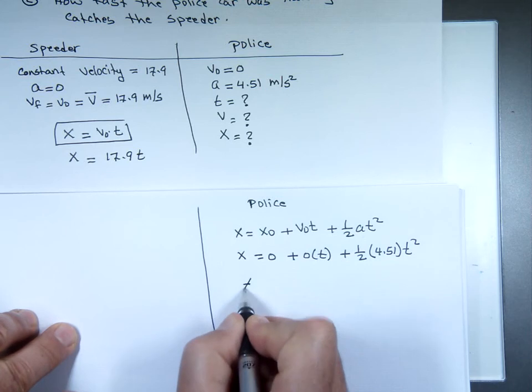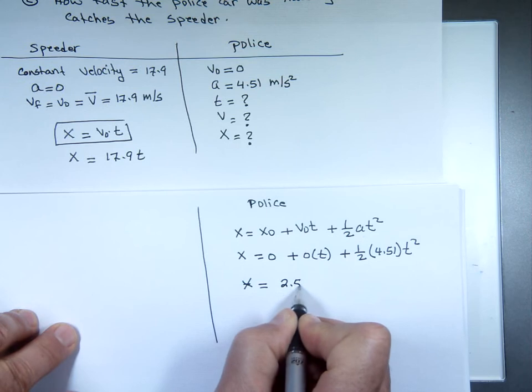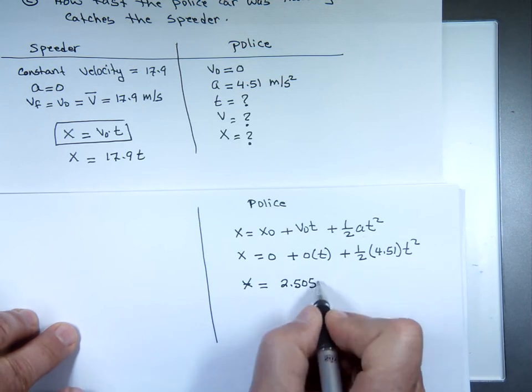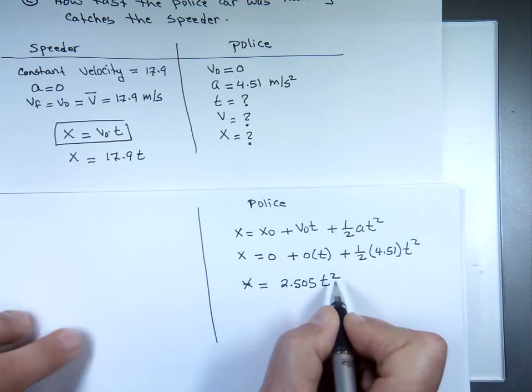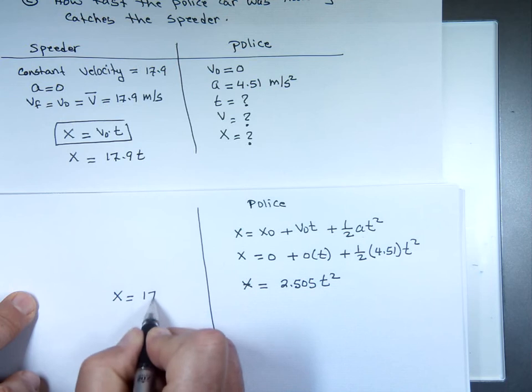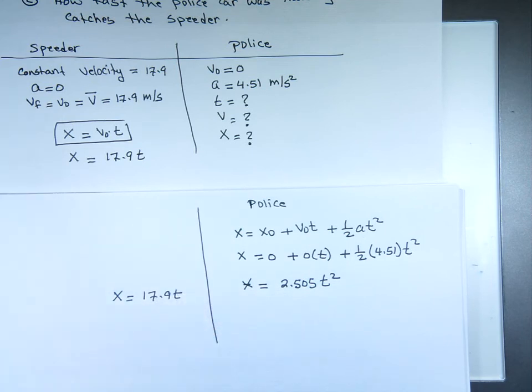x equals 2.505, is it? And the equation here, x equals 17.9 t. So this is for the speeder.